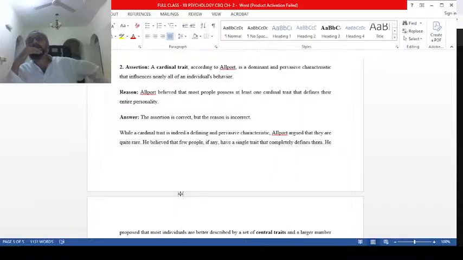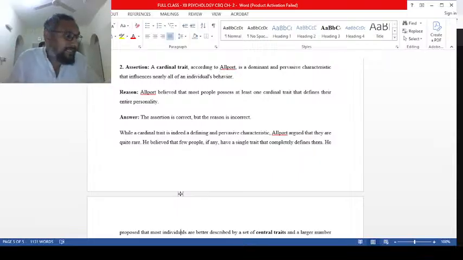Highly generalized dispositions, and an individual's entire life seems to revolve around those traits. The best examples quoted in the textbook: Gandhi's non-violence, Hitler's Nazism. Sometimes these cardinal traits are well recognized by the name of those people who practiced. Like non-violence and truth are known as Gandhian traits.